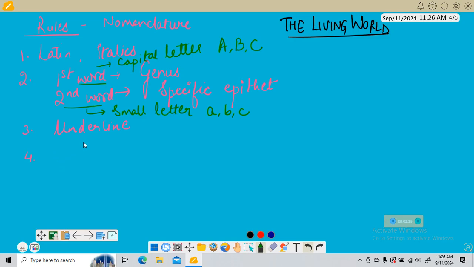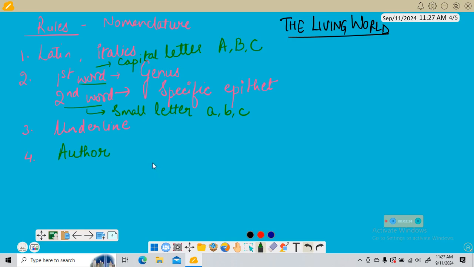Then after the specific epithet comes the name of the author. That is at the end of the biological name, and it's written in abbreviated form. Abbreviated means short form. They pick the first three letters of the author's name.